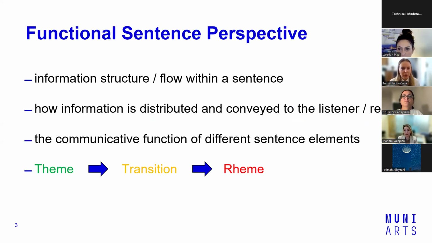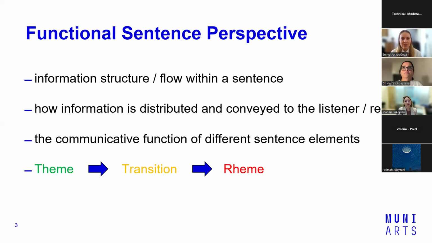So let's talk about what functional sentence perspective is, because you need to understand that a little bit to understand my research. FSP analyzes how information is distributed in a sentence. Each part of a sentence carries a different degree of communicative importance, or dynamism, or weight.